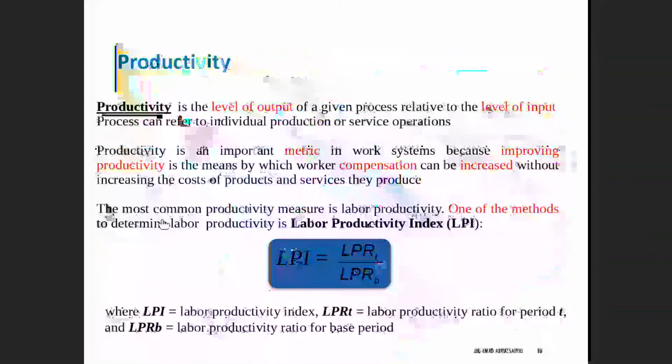Okay. The most common productivity measure is labor productivity. Why? Think about it. Why is labor productivity considered to be the most important? Machine productivity is calculated and comes in the manual. You can read it in the book that comes with the machine.